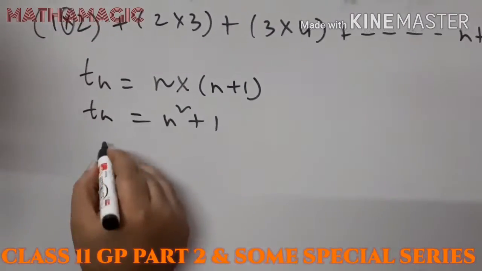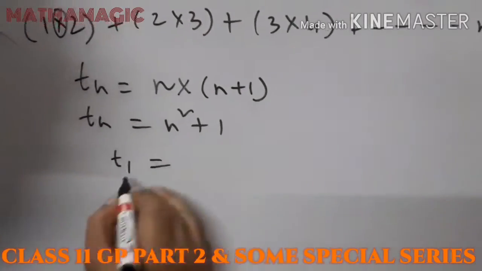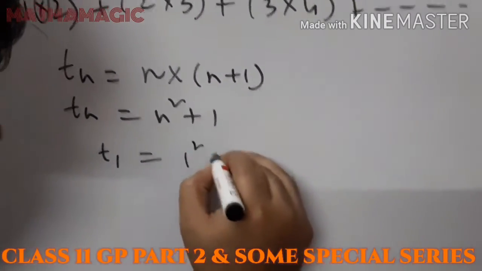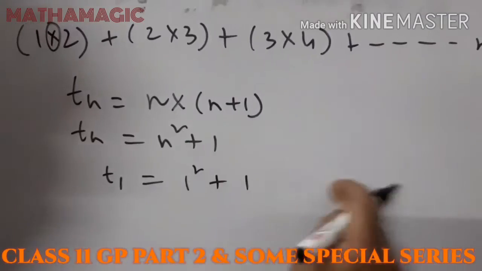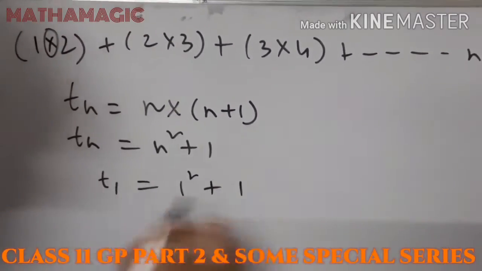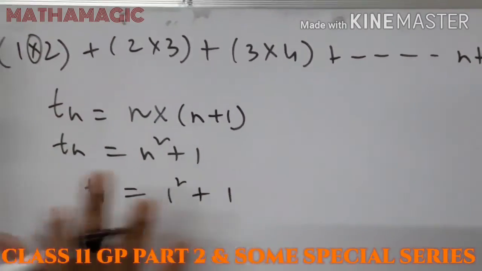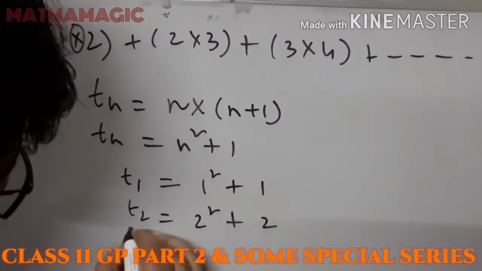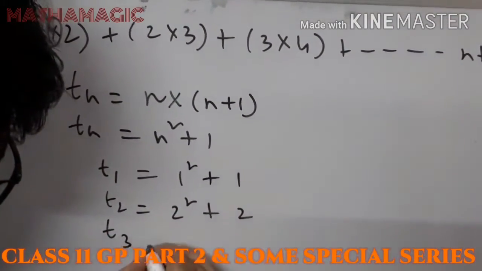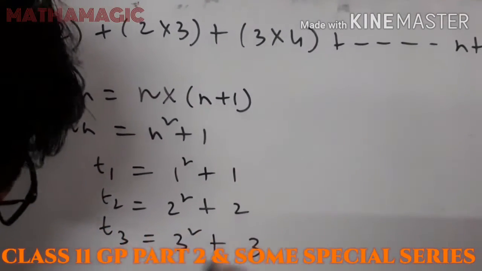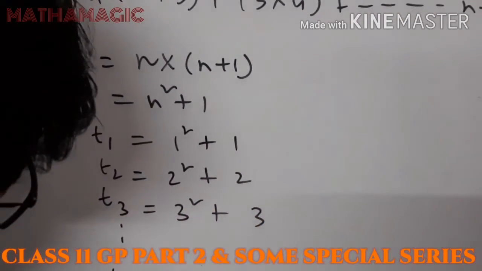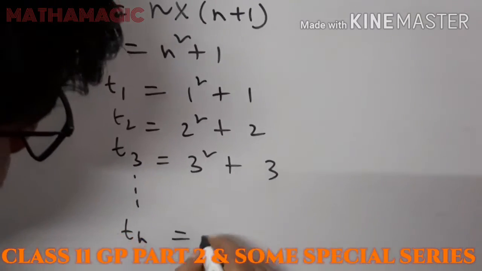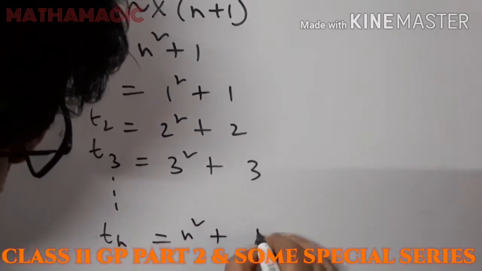Now we simply write T1, the first term, as 1 square plus 1. We are not going to add and write it on the right-hand side; we will just keep it as it is. T2 will be 2 square plus 2, T3 will be 3 square plus 3, and it will go on like this, so Tn equals n square plus n.